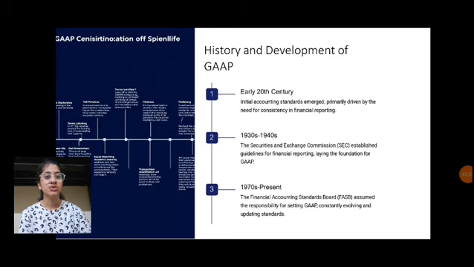Early 20th century: initial accounting standards emerged, primarily driven by the need for consistency in financial reporting. 1930s to 1940s: the Securities and Exchange Commission established guidelines for financial reporting, laying the foundation for GAAP. 1970s to present: the Financial Accounting Standards Board assumed the responsibility for setting GAAP, constantly evolving and updating standards.